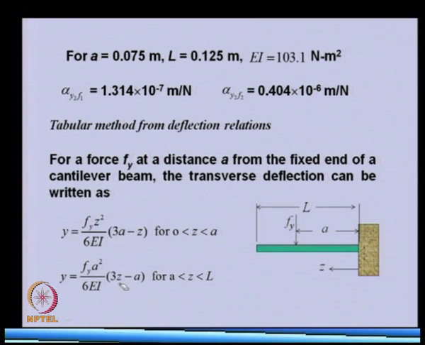The second expression is valid from A to L, because there is no force here. So, we expect a linear variation of the displacement here, and you can see this is a linear variation of the displacement.